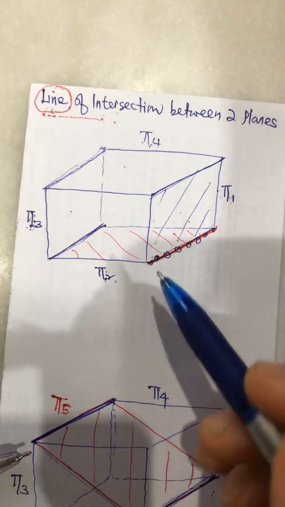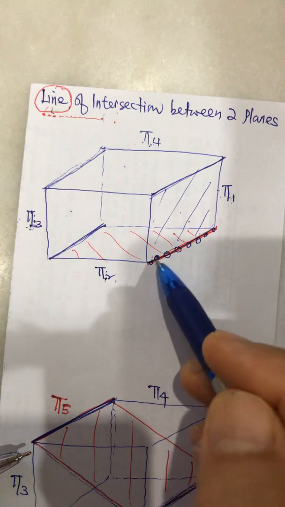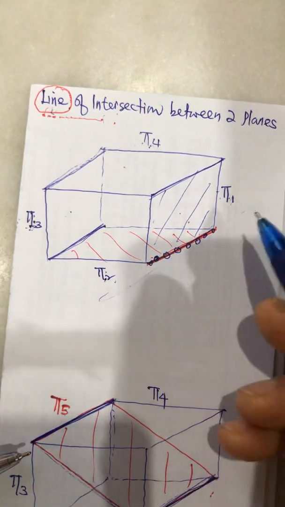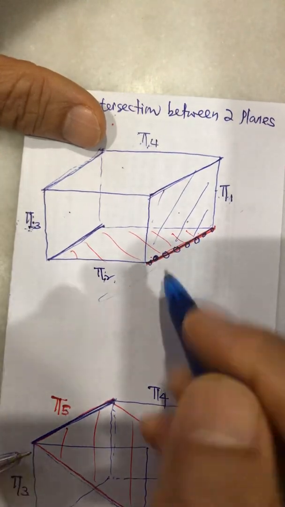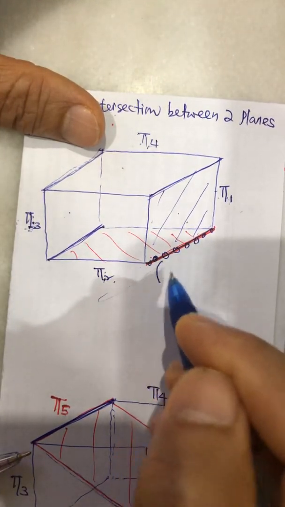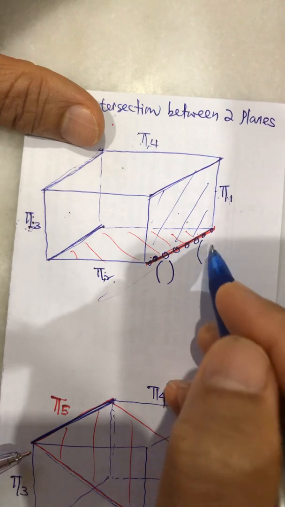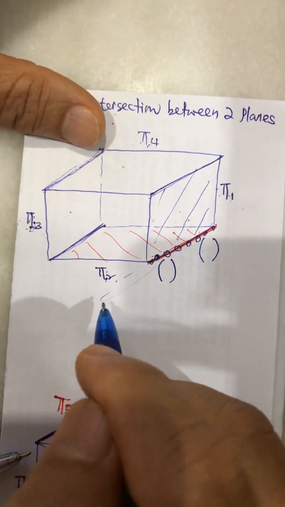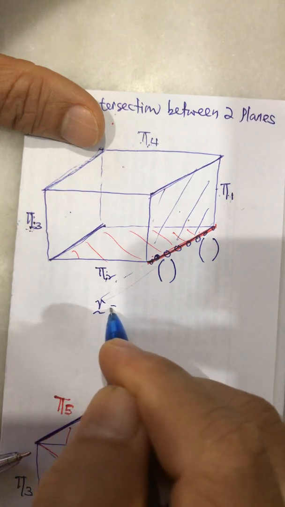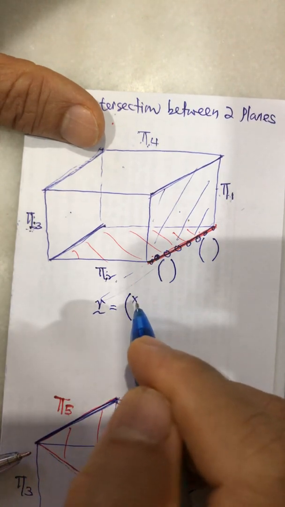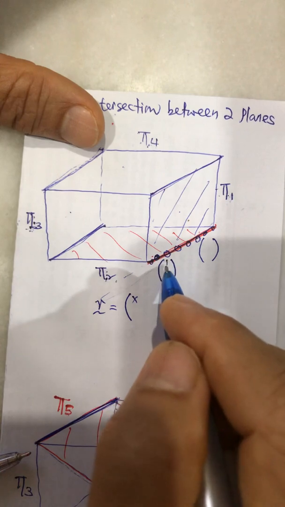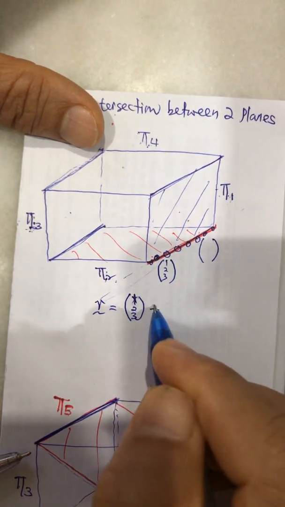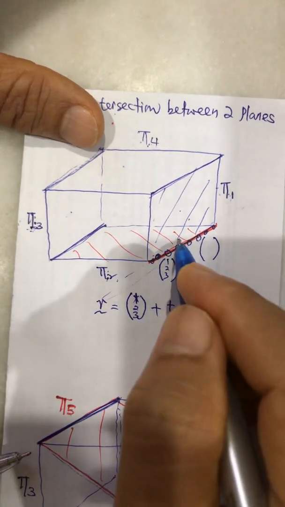Later we are going to find the equation of this line. If you want to find the equation of this line, of course, one way is to find any 2 points on it. How do we find the equation of the line? r equals the starting point, let's say 1, 2, 3, plus t times the direction.